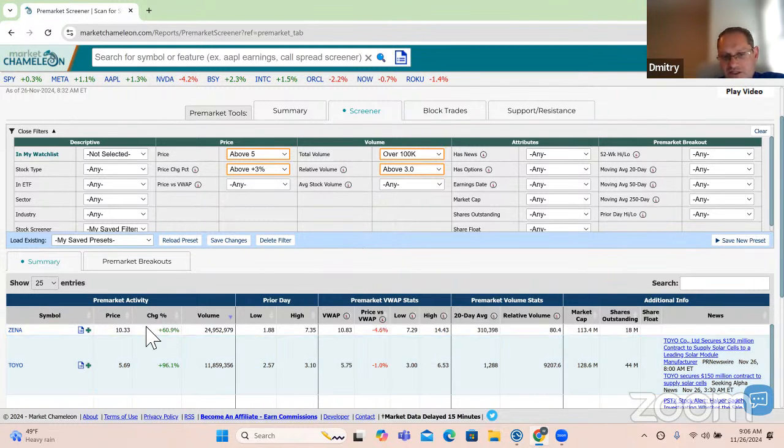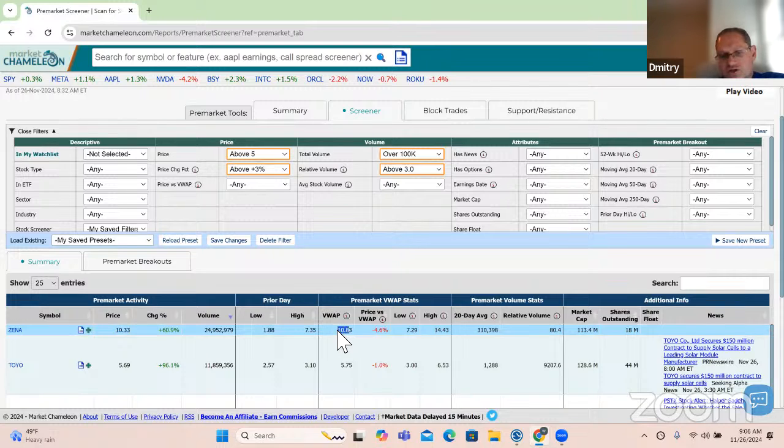So here you can see this is trading at 10.33, but currently it's below the pre-market VWAP by 4.6%. So maybe it's coming down. Let's see if any of them are trading above the VWAP, right?